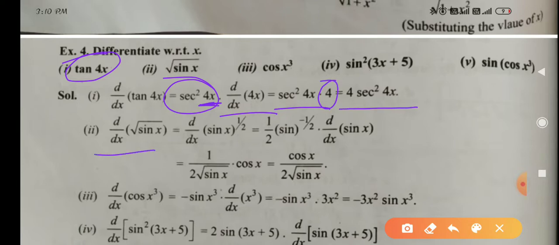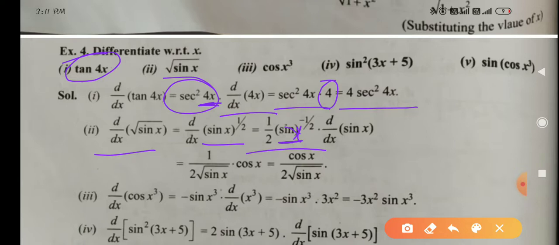In the same way, the second part you can see d upon dx of under root sin x. Under root sin x can be written as sin x to the power 1 upon 2. Here you can suppose x to the power 1 upon 2. So x to the power 1 upon 2 differentiation is 1 upon 2 x to the power 1 upon 2 minus 1. So 1 upon 2 sin x to the power minus 1 upon 2.